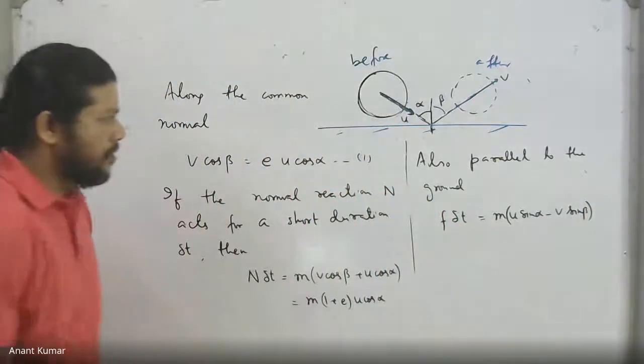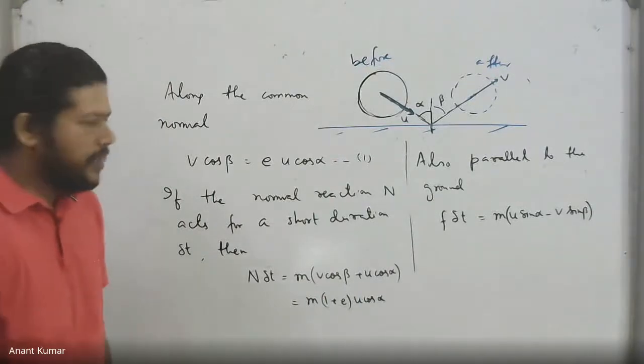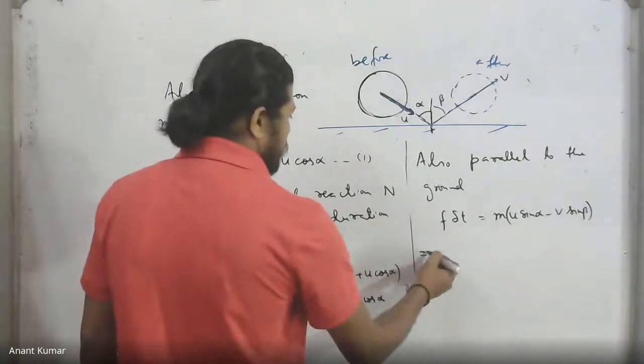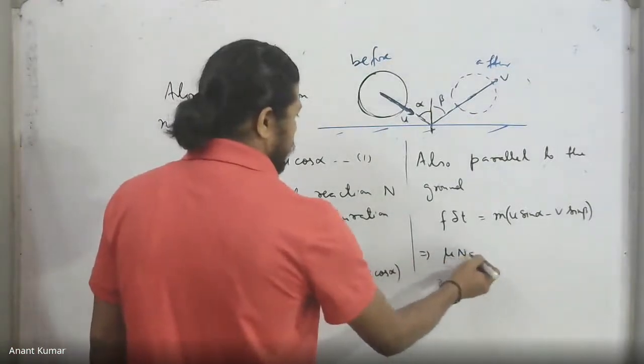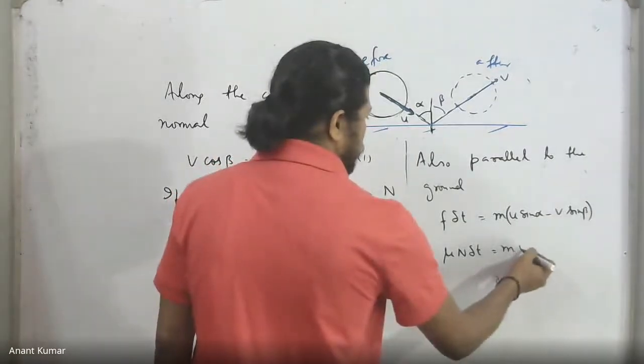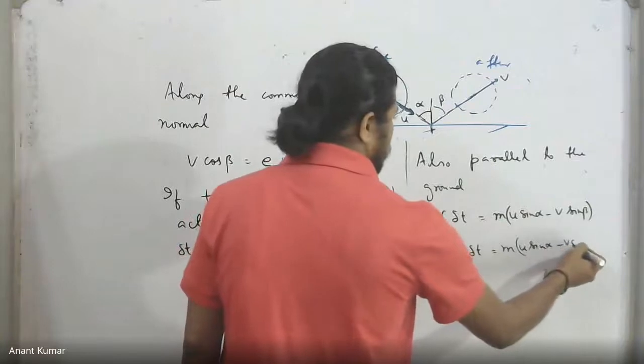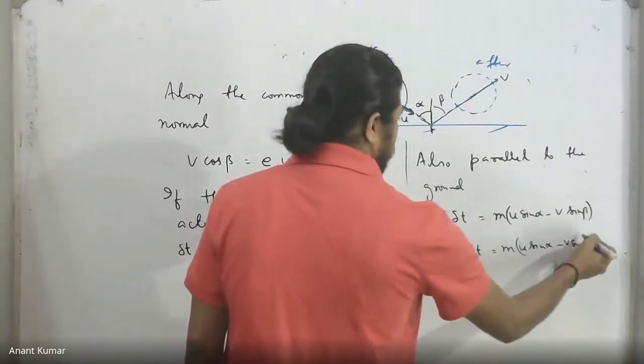That's the other equation that we've got. The friction F delta t will be the same thing as mu into N delta t, because F is the same as mu into N. That gives us in this case this thing.